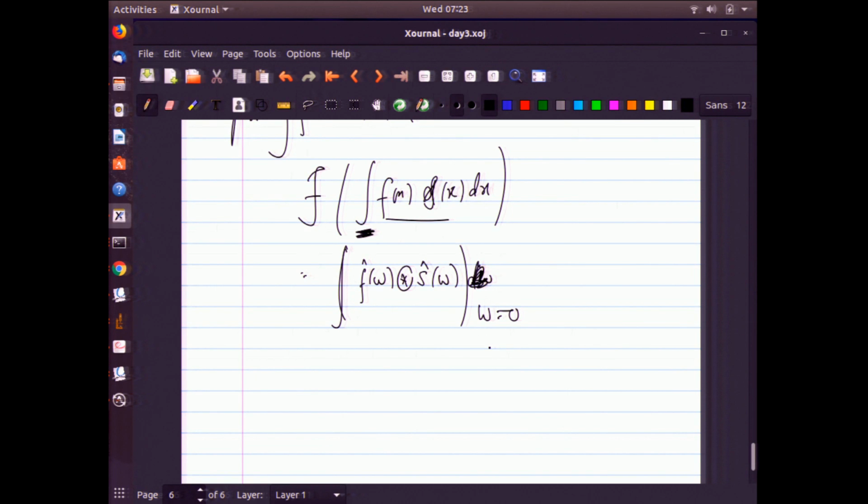So the integral is simply the DC component. That integral outside goes away. Instead, you're saying take the convolution of f and s and look at omega equals 0. Convolution is hard to compute, but it's not hard to compute when omega equals 0. Correct? Because at omega equals 0, it simply becomes a product.